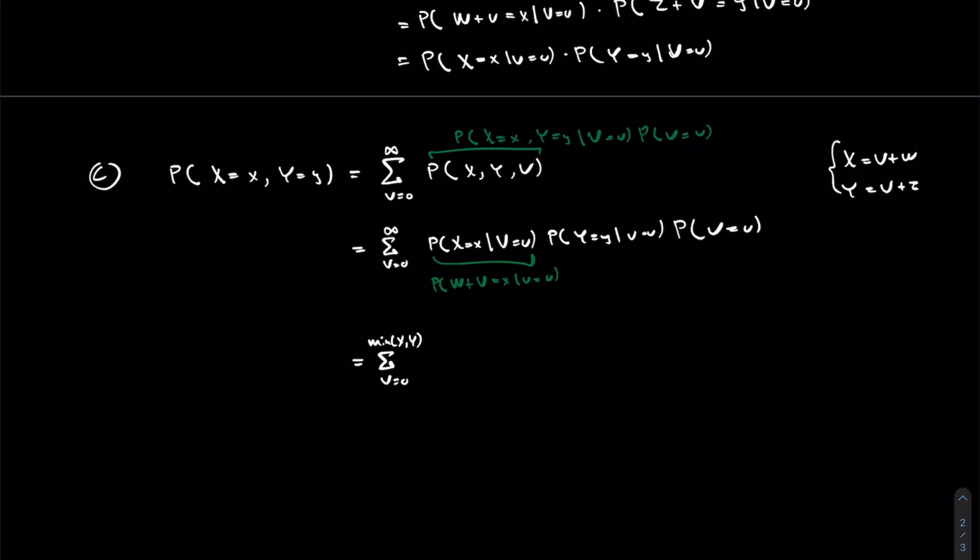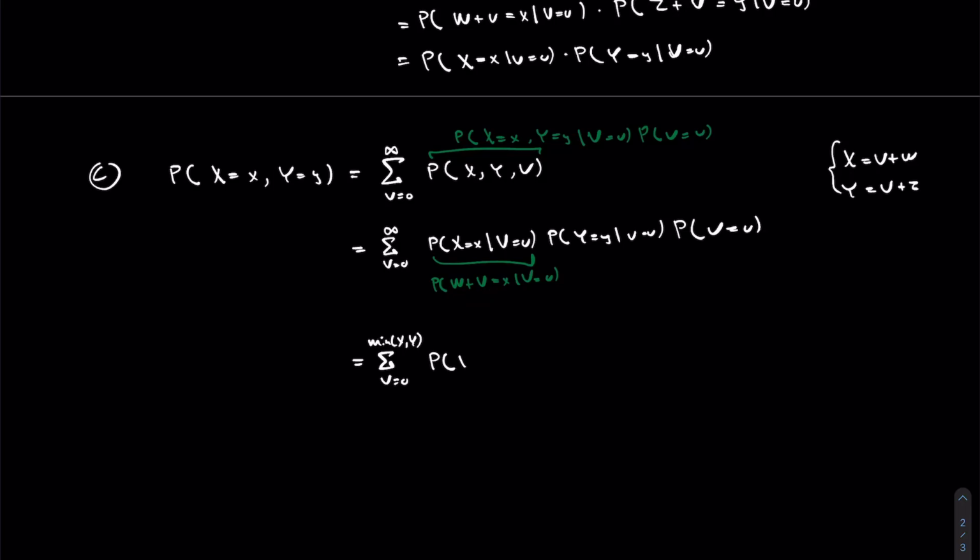Now, because we have conditioning on V, this little v here will equal little v, so I'm going to make it larger like that. Again, we can drop the conditioning bar when using up V, so we're left with W equals x minus little v. So that's what I'm going to write here.